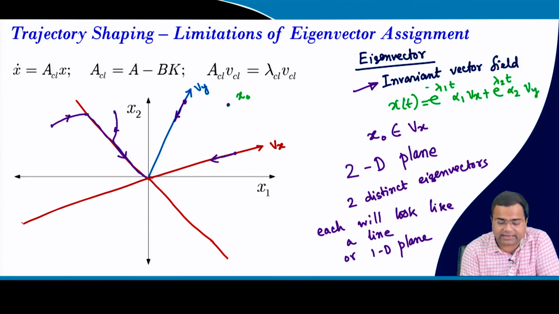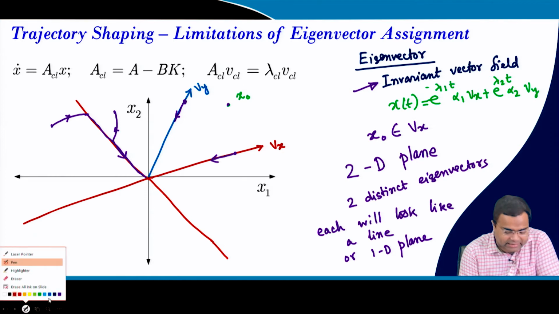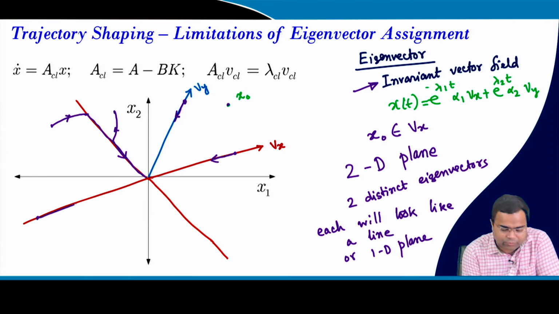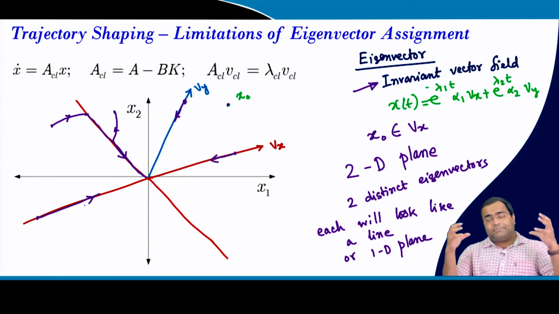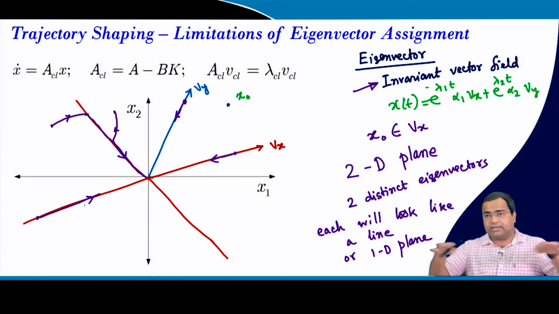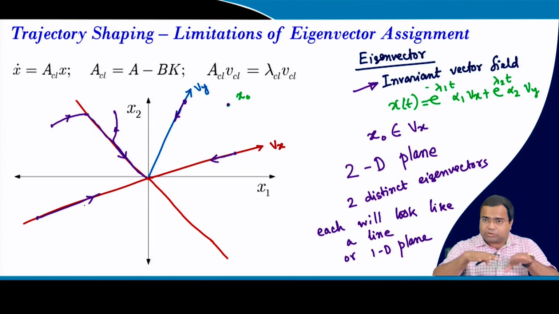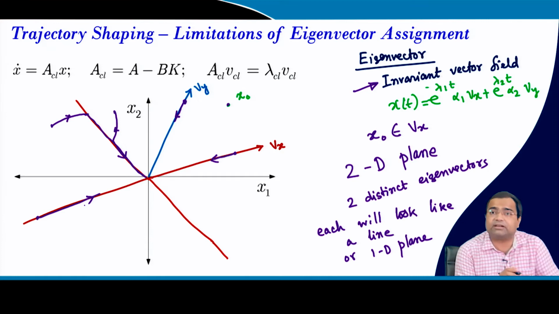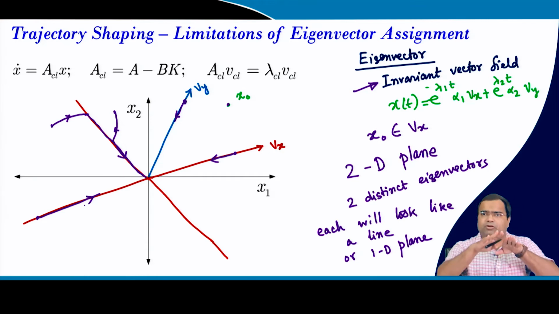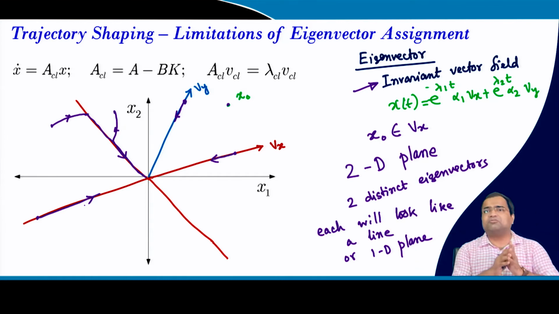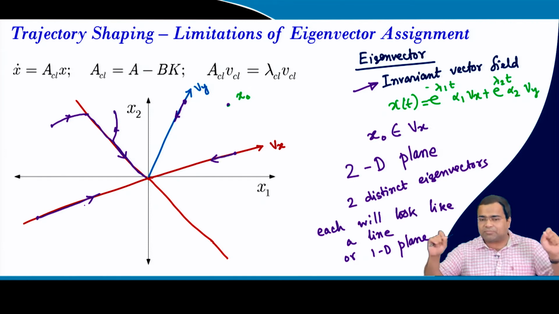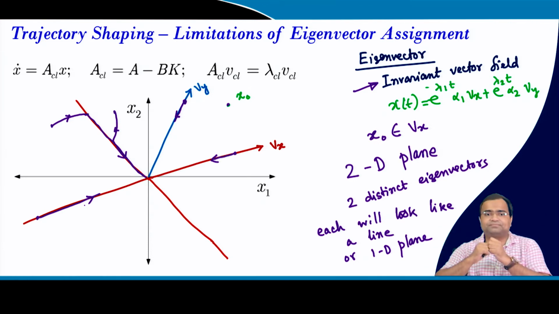If we keep extending this eigenvector, any point you choose on it will move along this line. So if you choose any initial condition on this vector, it will always remain on this line. The motion of the initial condition, or the trajectory, will be constrained on the line; even though you have a two dimensional plane, the motion will be only along that line. So you can think of this line as just one dimension.